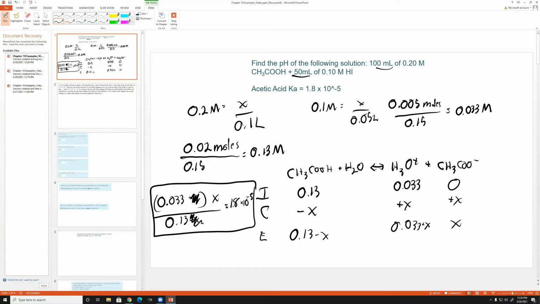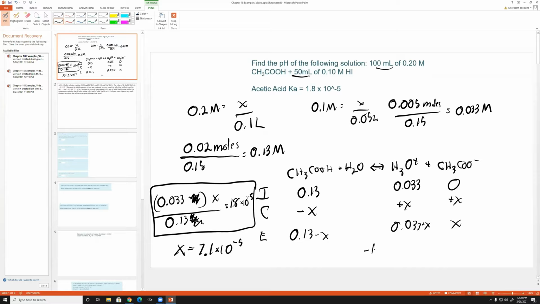So we can remove the X's, then we can solve for X here, and for X, you get 7.1 times 10 to the negative fifth. Now we're going to add that 7.1 times 10 to the negative fifth to our hydrogen ion concentration, or H3O plus, in order to get our total concentration after equilibrium is achieved, and we can use that to solve for our pH.